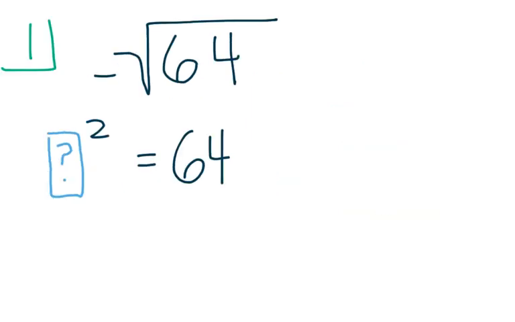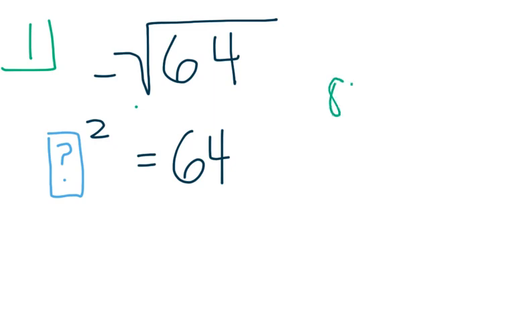So let's look at number 1. First of all, we're trying to figure out whether each expression is rational or irrational. So first we need to figure out what is the opposite of the square root of 64. So basically, what squared equals 64?